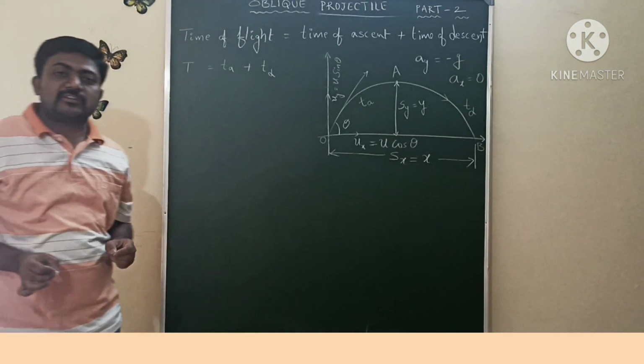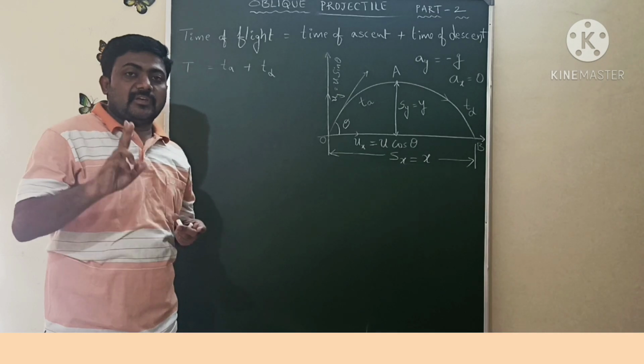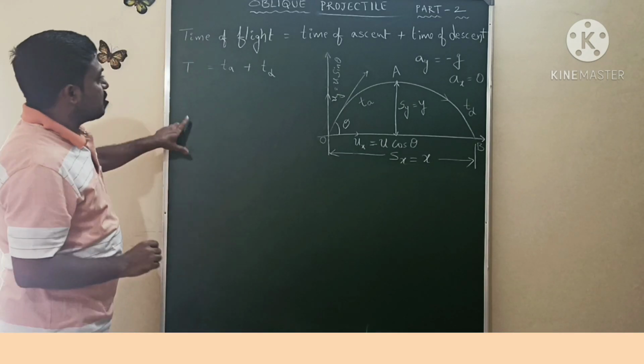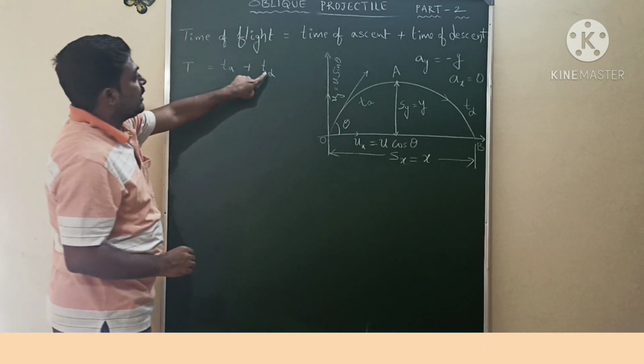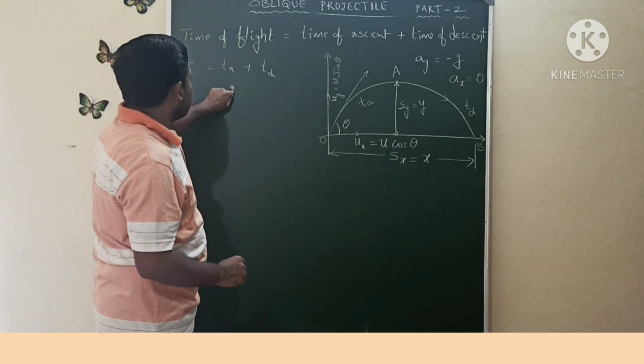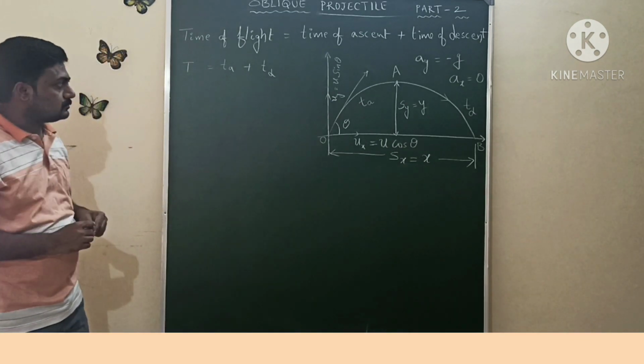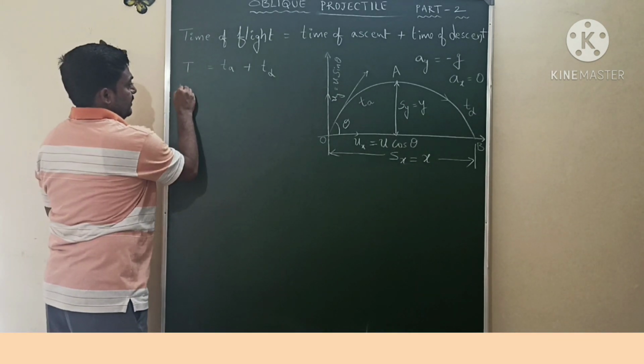Now I will derive the equation for time of flight. There are two ways. First way, first I will calculate the time of ascent value, then time of descent. The total is time of flight.